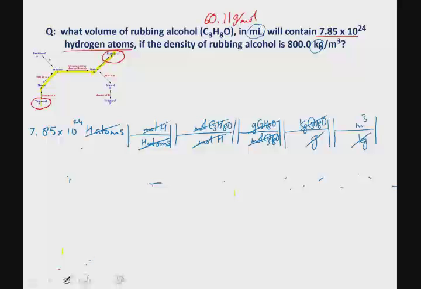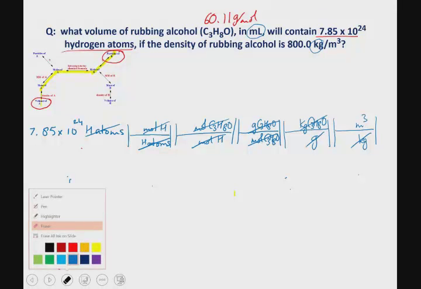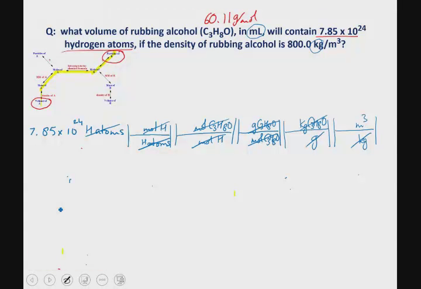We will need to convert meter cube into mLs. Now, how do we do that? We know that mLs can be related to centimeter cube. So our first step is to convert meter cube to centimeter cube, so that the meter cube crosses out, and then of course centimeter cube can be converted to milliliters.